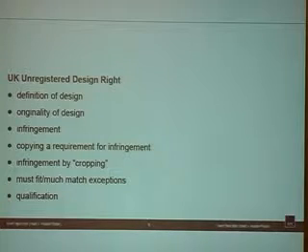There is an interesting development. There was a case called Totes and Fulton and another case called Ocular Sciences, in which the English courts interpreted this by saying you could actually take individual features of the overall design and say that those individual features attracted a separate unregistered design right protection in addition to the overall features of the design. So you could have, let's say, a design of a distinctive teapot.